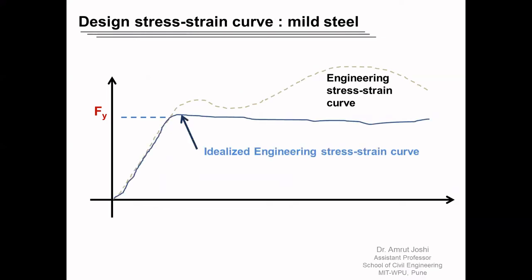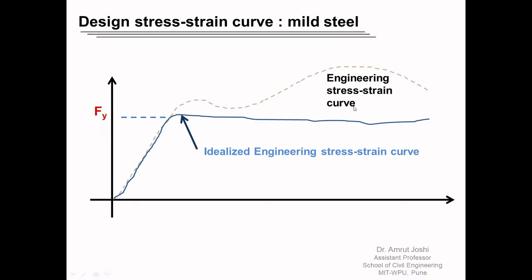We idealized it by elastoplastic idealization, and the idealized engineering stress strain curve of mild steel looks something like this. We ignore the details of upper yield to lower yield transformation, then the plateau, and then the strain hardening part and strain softening part.